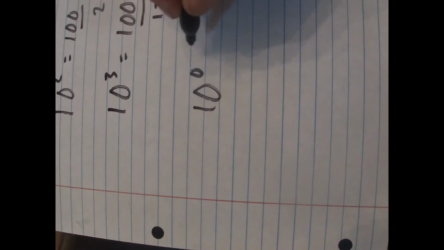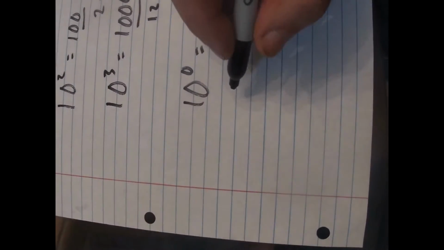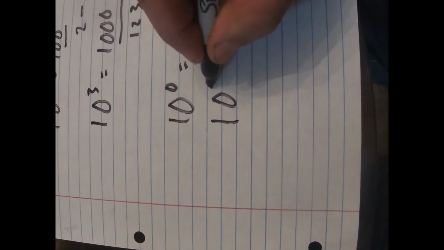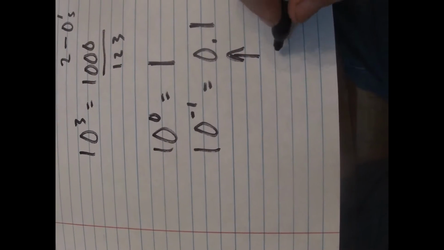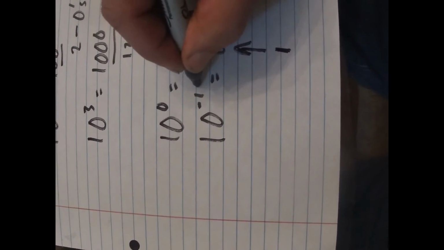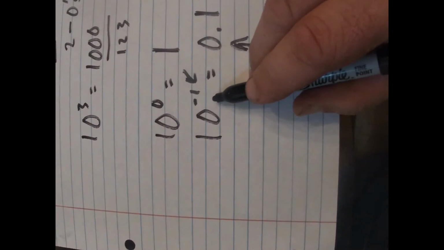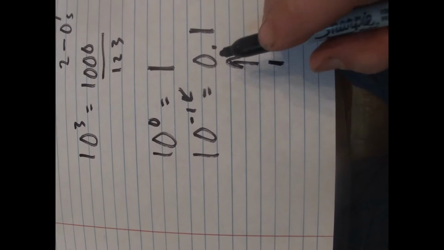We can come here and say 10 to the 0, and of course we know that's going to be equal to 1 by definition. 10 to the negative 1, and of course this is equal to 0.1. But you notice that there is 1 zero. Now this time, because it's a negative 1, you have to move the decimal the other way, didn't you?